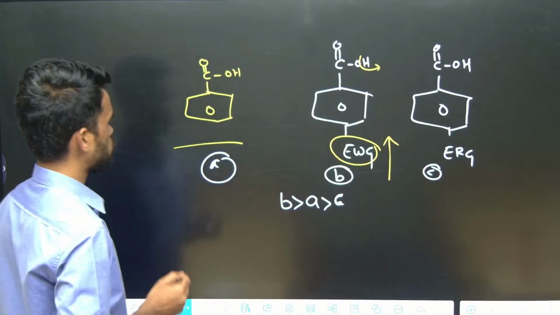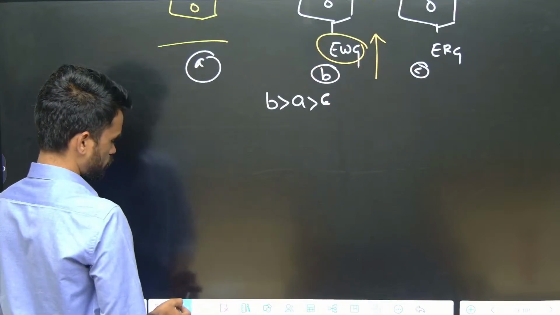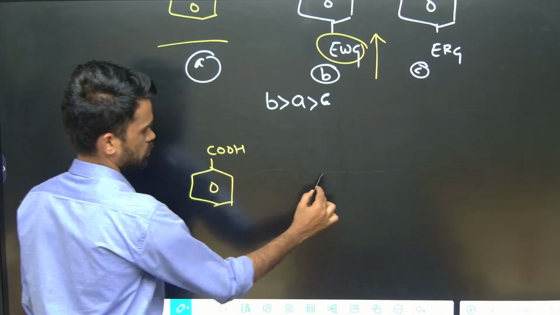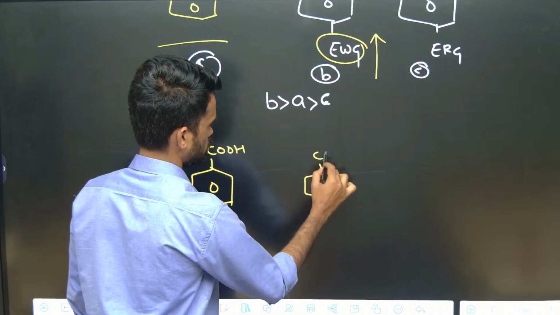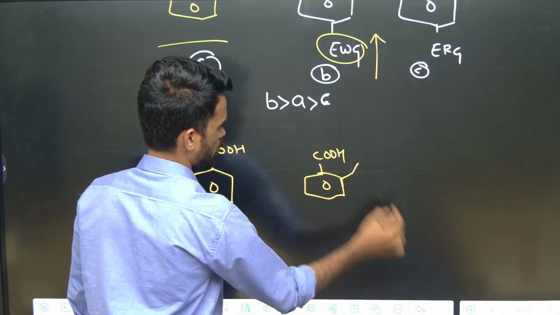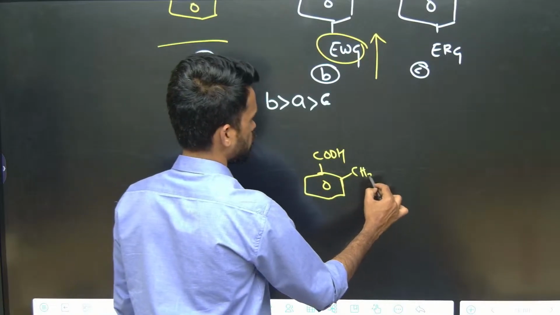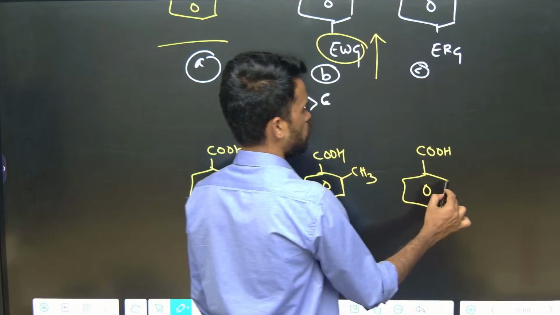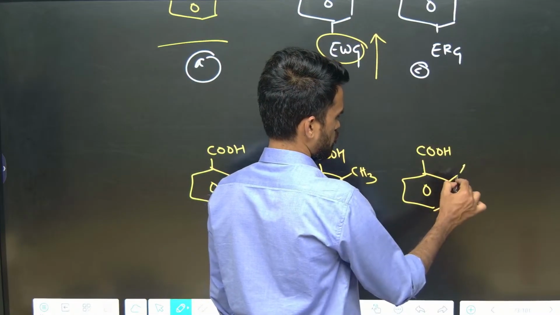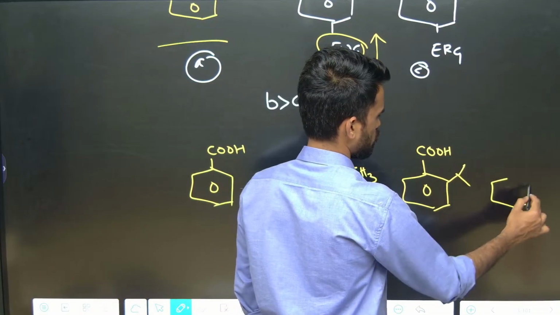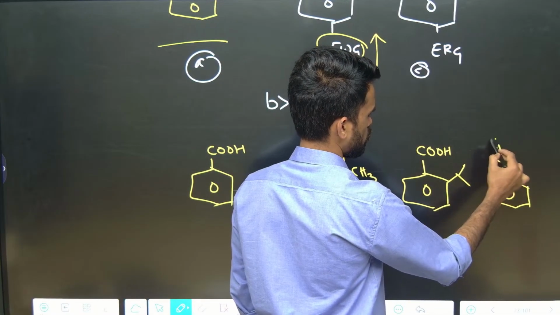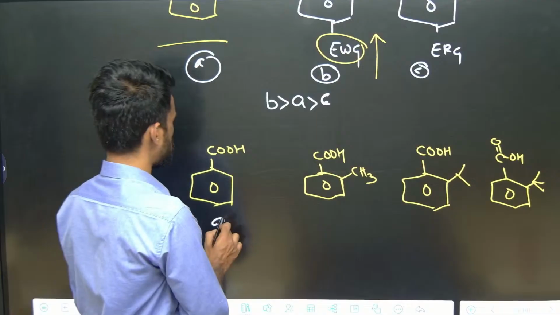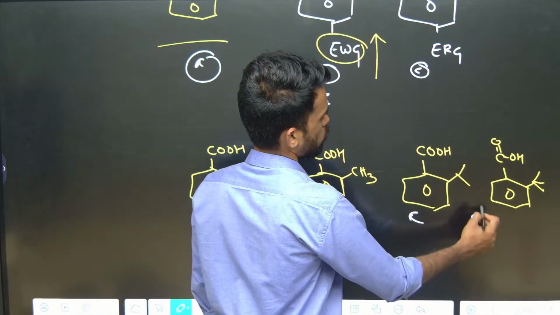Right. Now just see here. Here I am attaching one methyl group. We know methyl groups are electron releasing groups, but there is something to be noted here. Out of these 4 compounds, which is more acidic, they will ask.